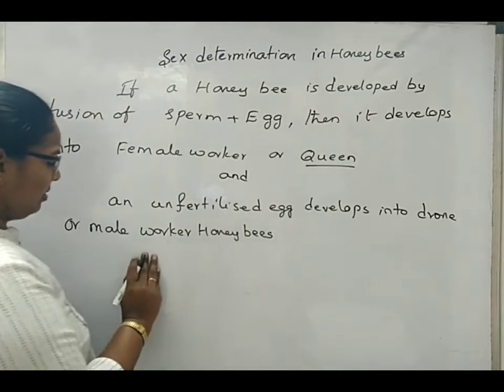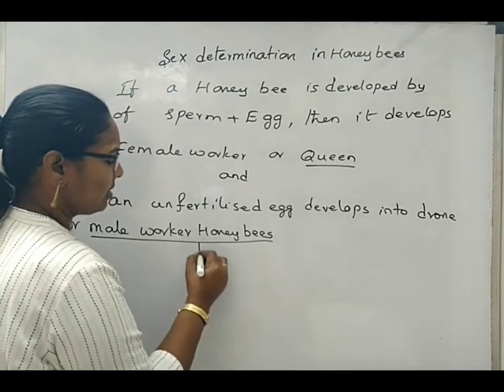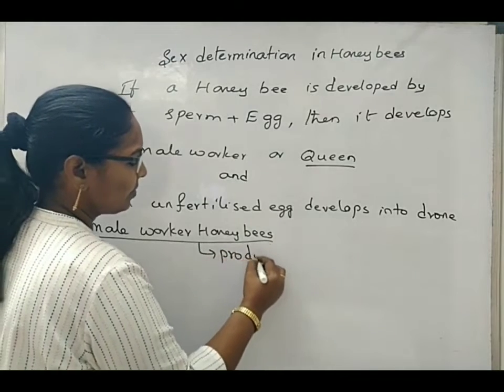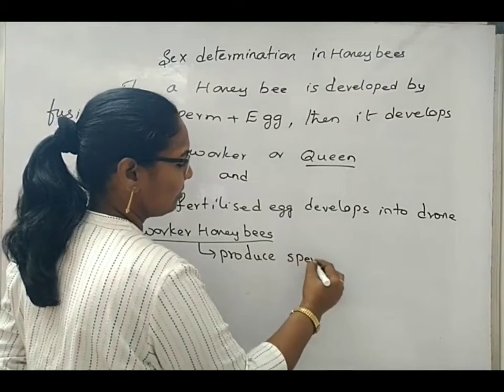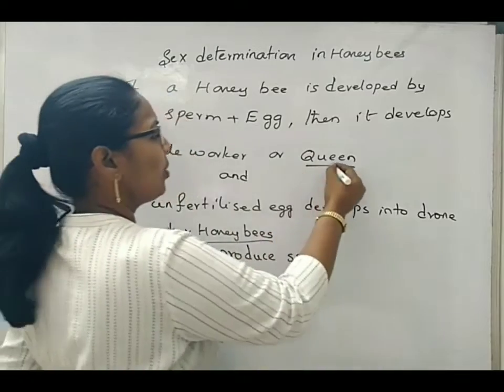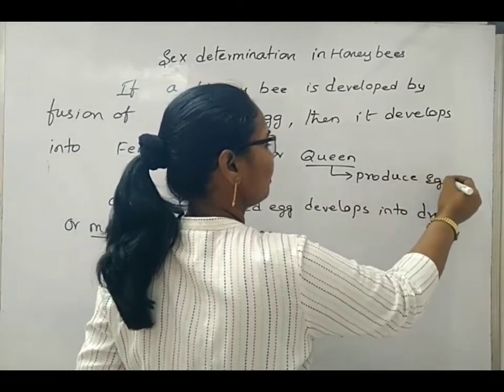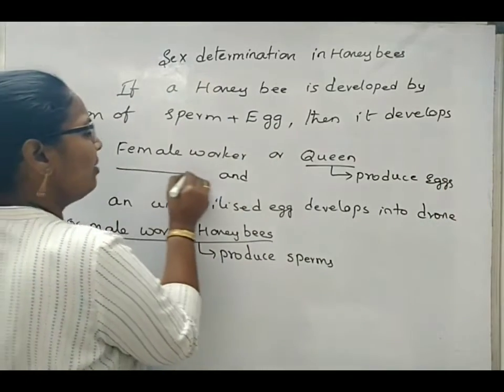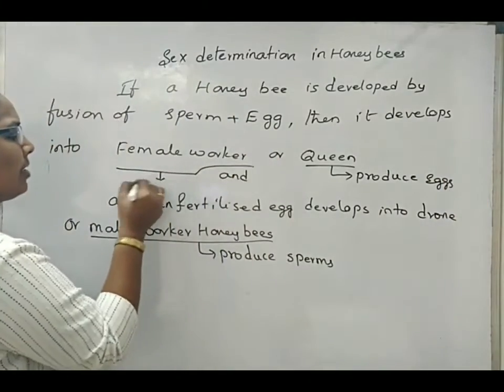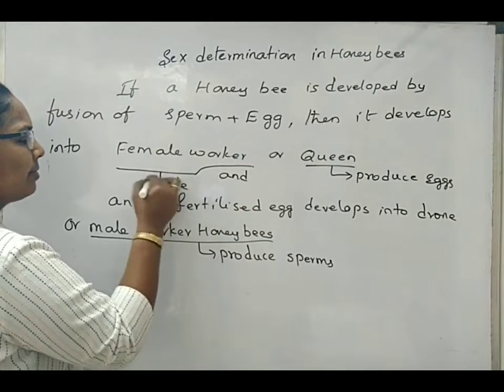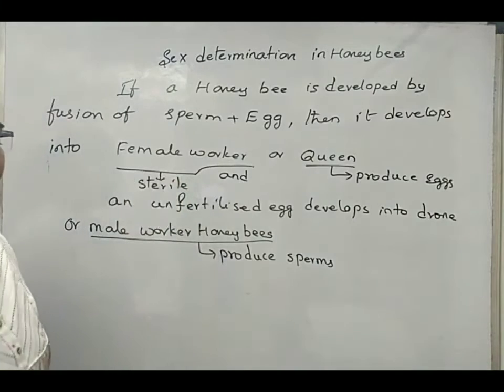Now, these male worker honeybees produce sperms. Here the queen produces eggs. Female workers are considered to be sterile. They will not produce eggs.